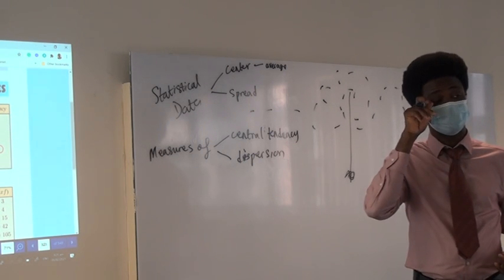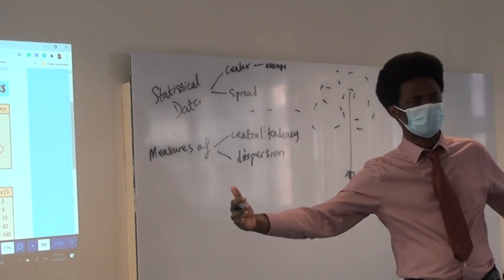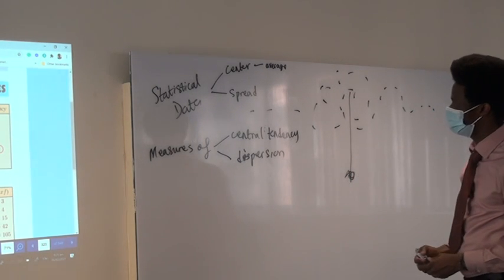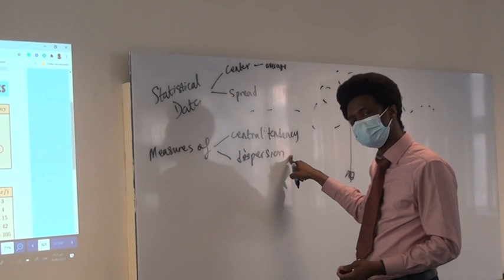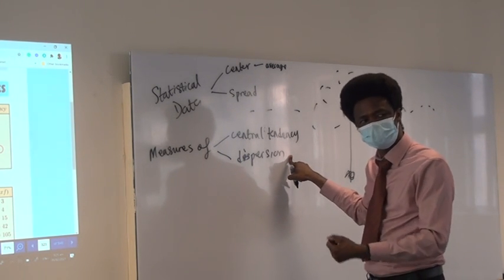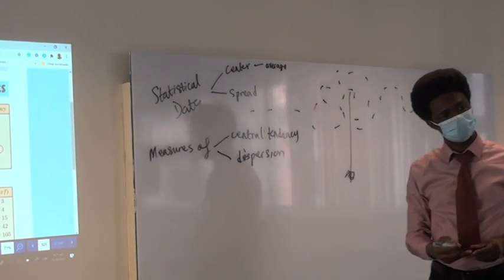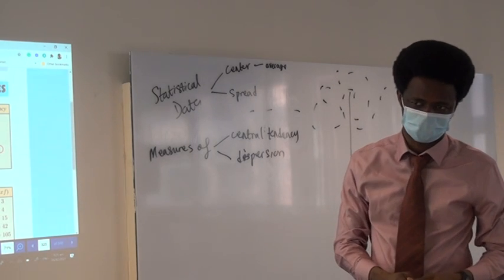So some call it variability. How will this information vary on the distribution? How does this spread? And so this is where you talk about your standard deviation, the variance, the range, and so on and so forth. So they give you a picture of the spread of the data in the distribution.